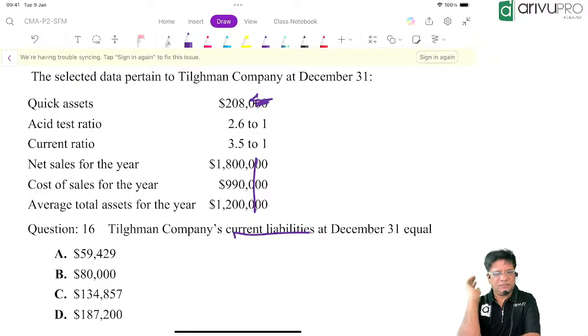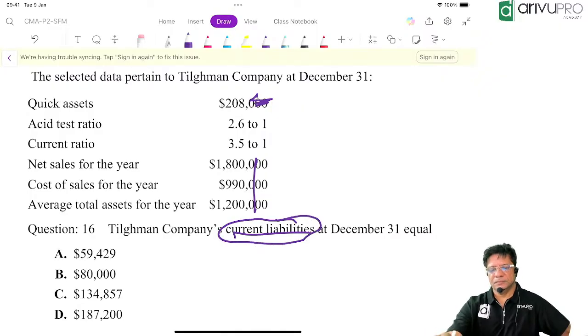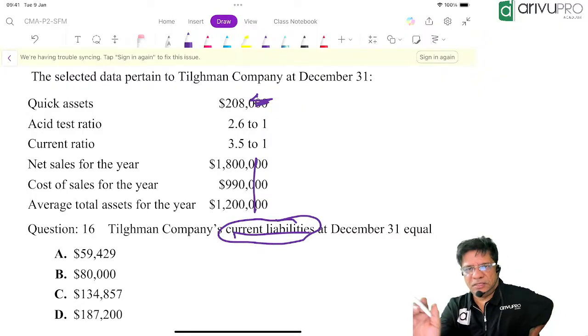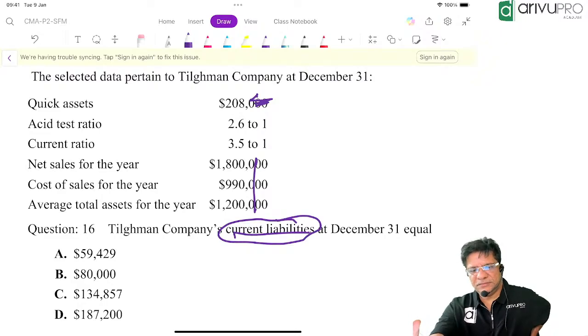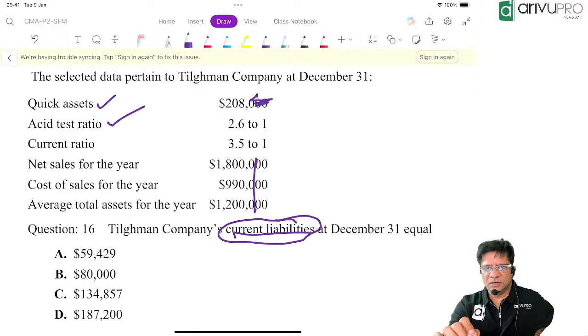In all the ratios, current liability is the denominator. Correct? Now, what have they given you? Quick assets. So you should use which ratio? Acid test ratio, right? Acid test or quick ratio, same. Quick ratio is what?